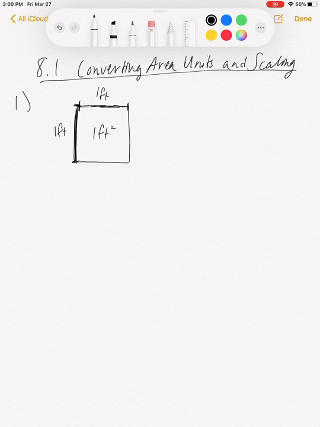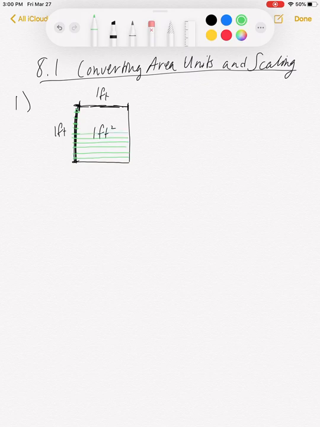We labeled the sides. Each of these distances here from 1 foot can be divided into 12 parts. Divide this into thirds, and then these thirds into halves. Okay, and that's 1 square foot there. So we're going to extend these across here.